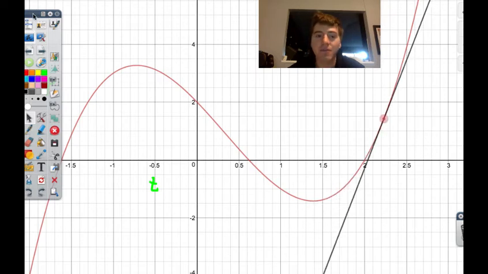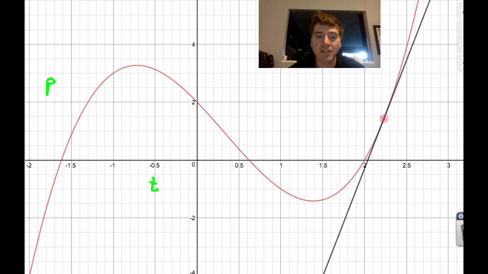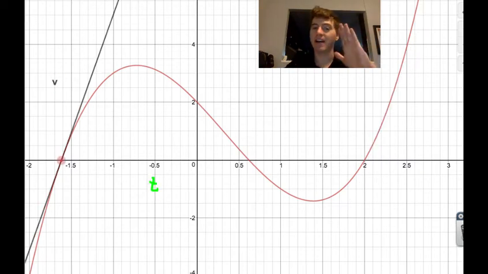Let's consider that real quick for acceleration in terms of velocity. So if instead of position, that was velocity over here, we know now the tangent line is the acceleration. I have a very high acceleration here. I'm getting faster very fast.